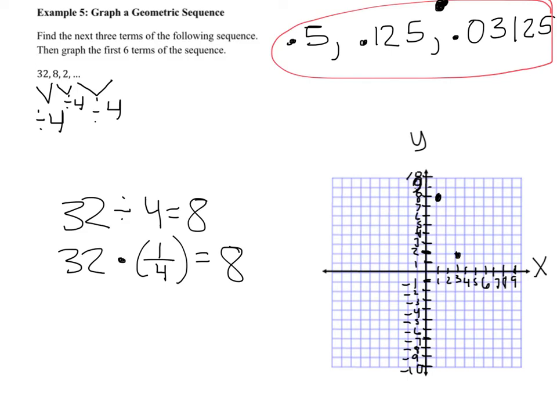Our fourth term is 0.5. Our fifth term is 0.125. And our sixth term is 0.03, which is almost down to 0. And if you notice, this is not going to be a straight line. There's going to be quite a curve in our line when we're graphing geometric sequences.